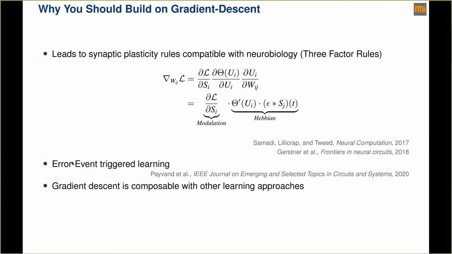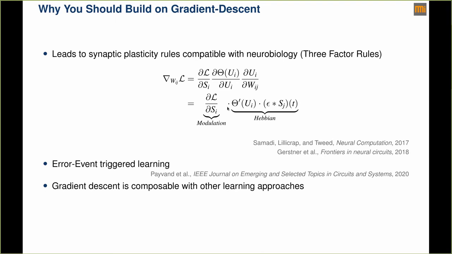For the skeptics out there, I would still recommend to look into gradient descent because gradient descent is actually composable with other learning approaches as well, right? In the same way that when we looked at these different modes of auto differentiation, we saw that the learning is a composition, a multiplication of Jacobians.